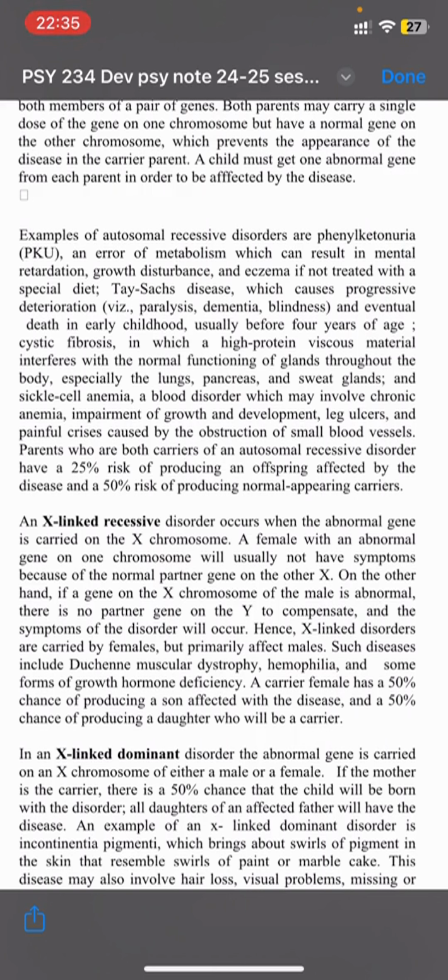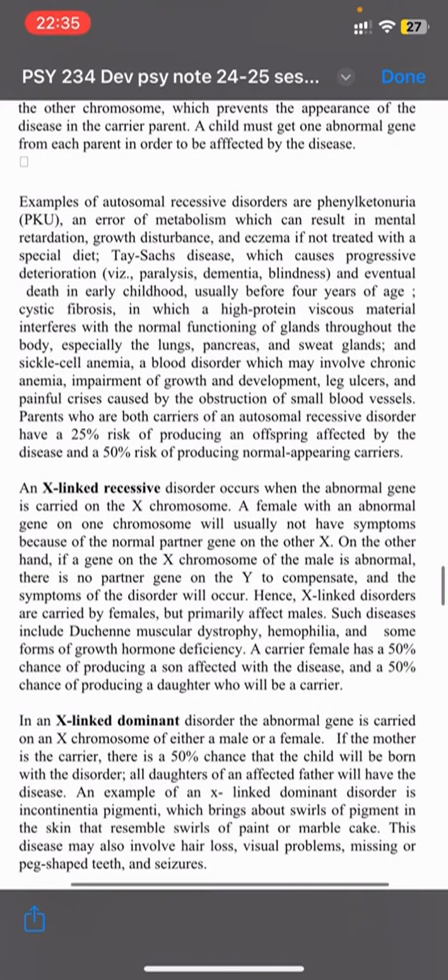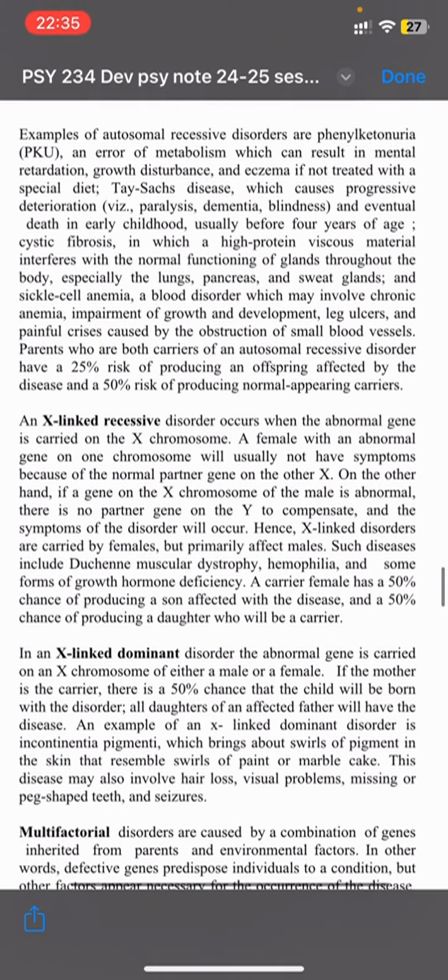So, why it is recessive: women have XX, so it will not show on them, because even if one has the disease, the other one will not show. She has another X, so it will cancel out.